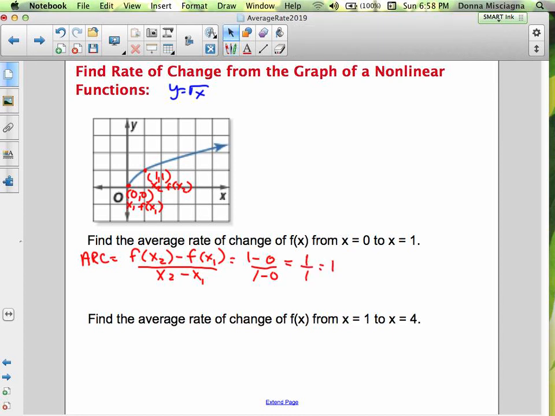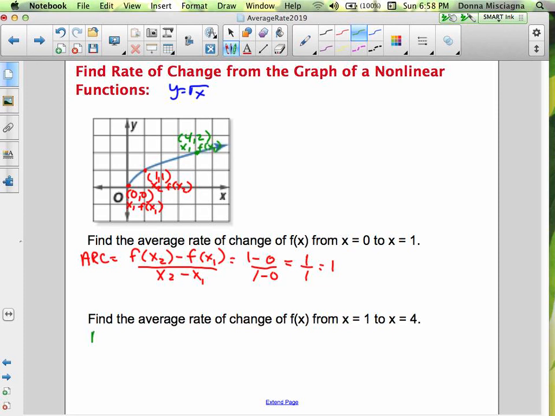Now let's find the average rate of change from 1 to 4. We already got 1, 1 written there. So 2, 3, 4. Here we have the point 4, 2. So we'll keep 1, 1 being x2, f of x2, and the other being x1, f of x1.